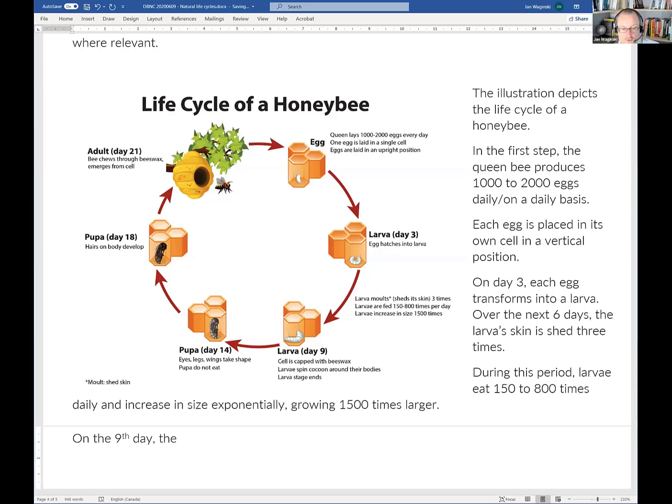Can you put that in your own words? What does capping mean? Cover. Wrap. Covered.